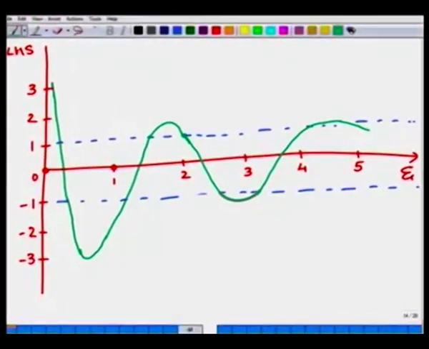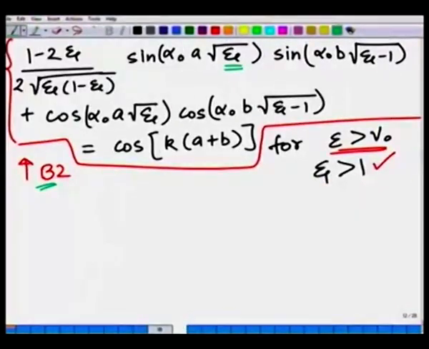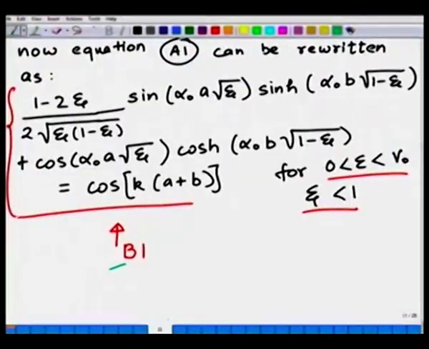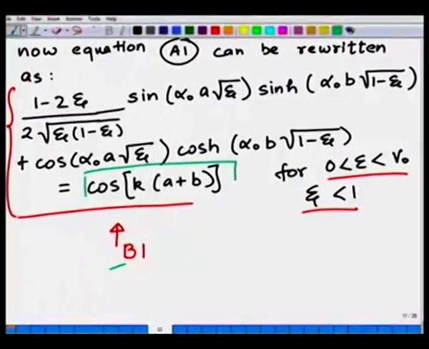Now, let us go back and look at these equations. This is the plot of the left hand side, but when does the solution exist? Solution exists only when the left hand side is within the bounds of minus 1 and plus 1, since the right hand side is a cosine function, it is real, and it is bounded between minus 1 and plus 1.